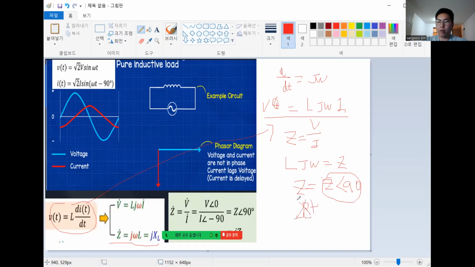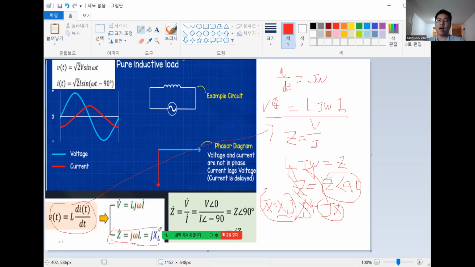We don't have a resistive part, right? And jX, which means it has to be the same. So jX means, what is it? X_L, yes, j. It has to be the same.